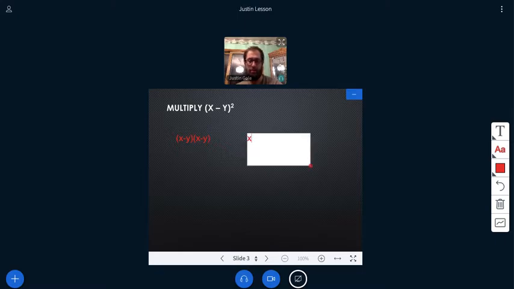So this is going to be x squared plus xy plus xy plus y squared. Oops, it's going to be minus, isn't it? Minus xy. So how do we get this? X times x is x squared.